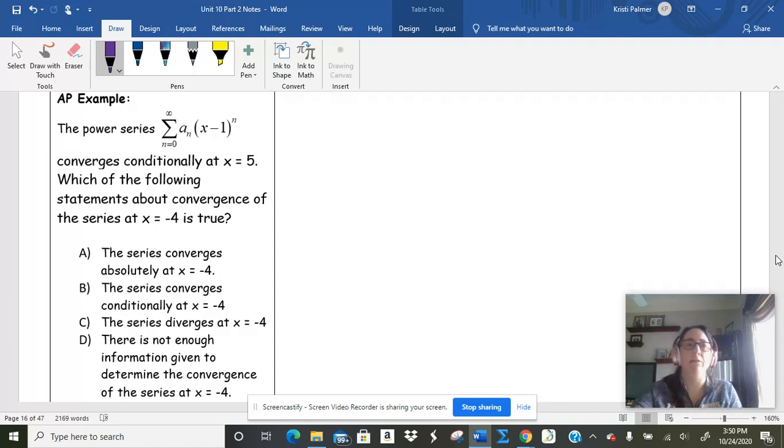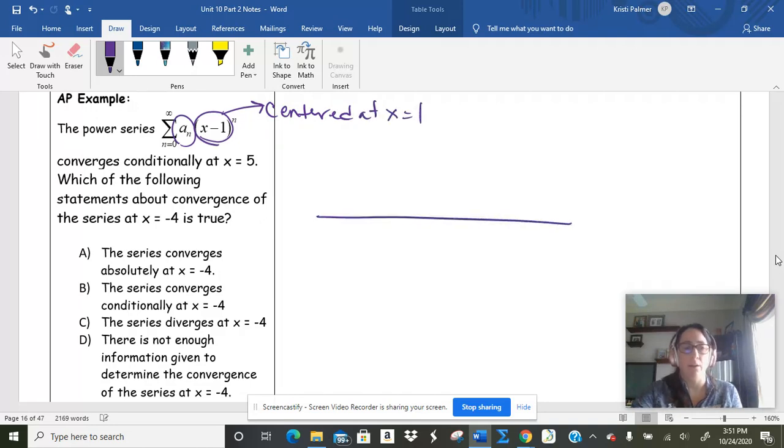Okay, so here is the power series. There's my series part. That's what makes it a power. Where are we centered? Hopefully you guys are all like, we're centered at 1. So I'm going to kind of look and say at 1, that is my center.